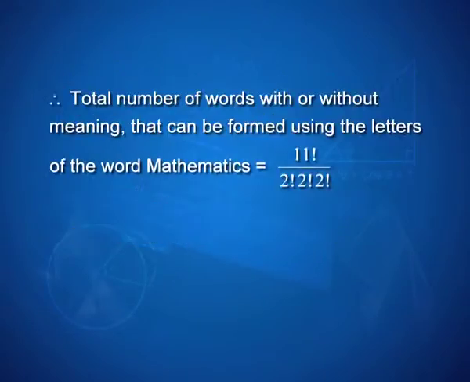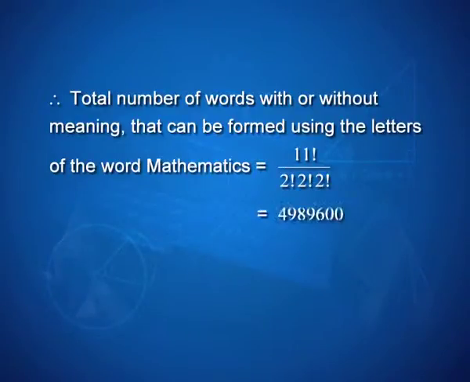So, by the result that we have just discussed, the total number of words with or without meaning that can be formed using the letters of the word mathematics is 11 factorial divided by 2 factorial times 2 factorial times 2 factorial.